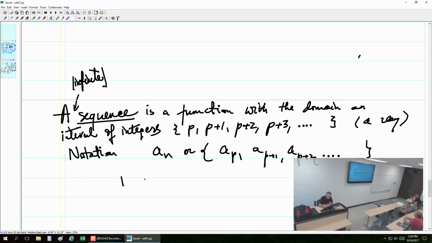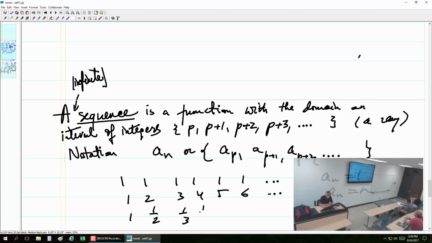It could be constant. That's a sequence: a_n equals 1. You can have a growing sequence: a_n equals n. You can have a declining sequence: a_n equals 1 over n.